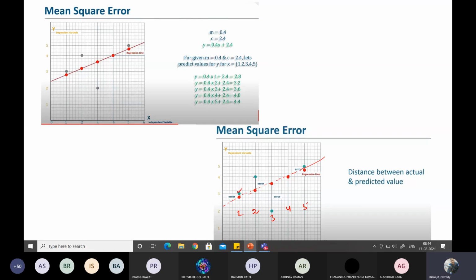Originally this was your value, this is your value, this is your value. So there are some errors. You can see the error is the distance between your actual and predicted value. So this is the error. Here is the error, and here there is no error because the 2 points are the same. Here is a small amount of error. So now we are going to find out the errors or accuracy of our model.